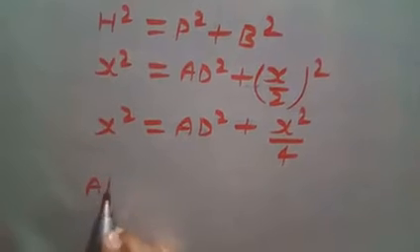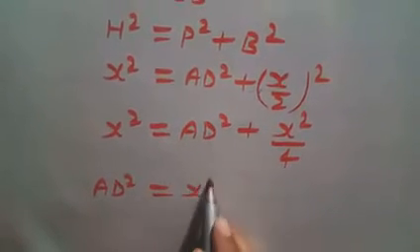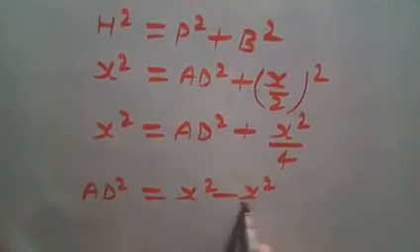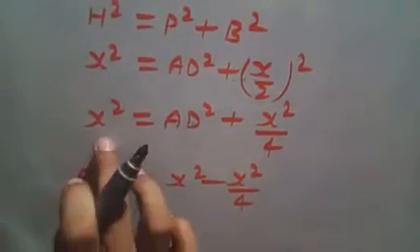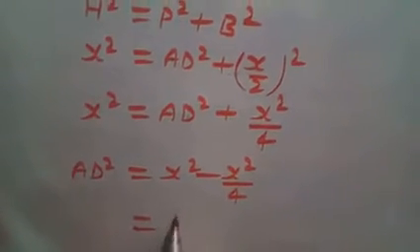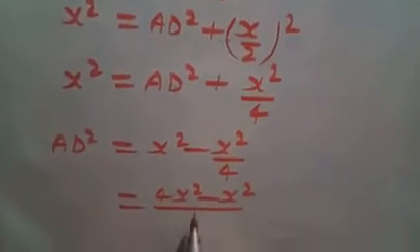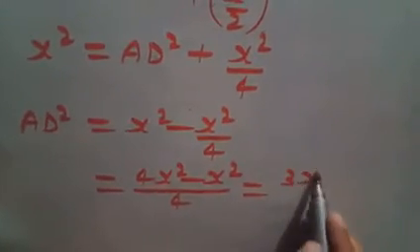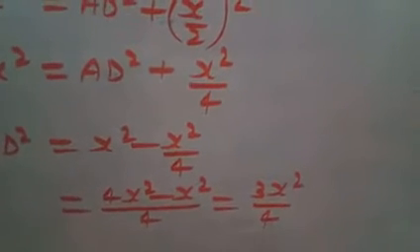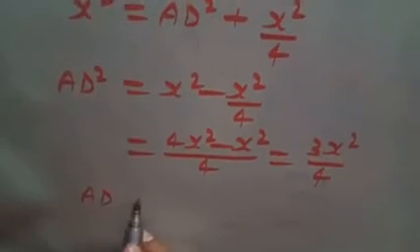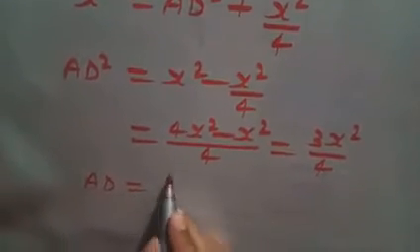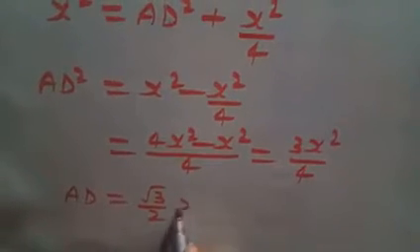So AD square is equal to x square minus x square by 4. Here it is plus, on the other side minus. Now if we take the LCM, that is (4x square minus x square) by 4, that is 3x square by 4. So AD equals under root 3 by 2 x.